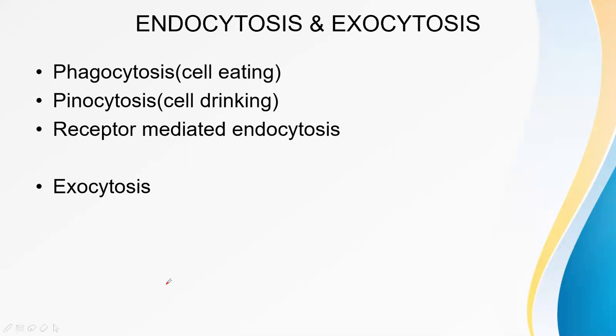A good example is microbes, like viruses and some bacteria. They will enter the body of leukocytes by the process of phagocytosis to kill these foreign particles. In the same way, in amoeba, the food enters into the food vacuole by the process of phagocytosis. We call it cell eating.